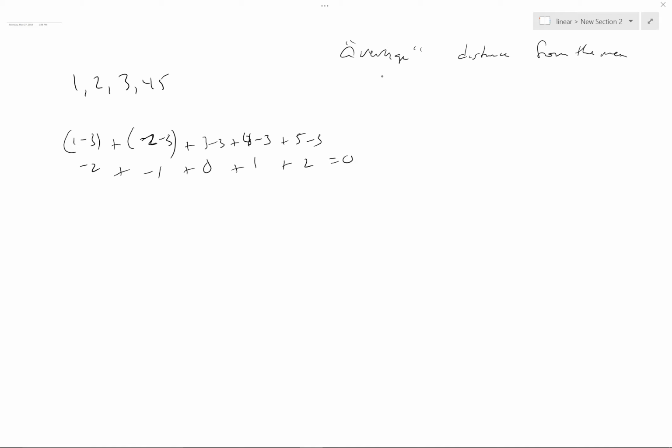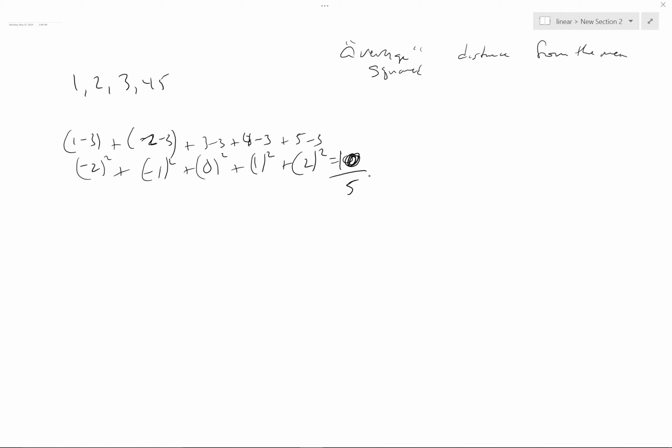So what we do is the average squared distance from the mean. When I square these, they become positive, of course, and they get bigger. For no apparent reason other than I told you to, that's what we do. So 4 plus 1 plus 0 plus 1 plus 4 is 10. Then we take the average, so you're like, oh, divide by 5. Well, kind of. But we'll leave it at that for now.